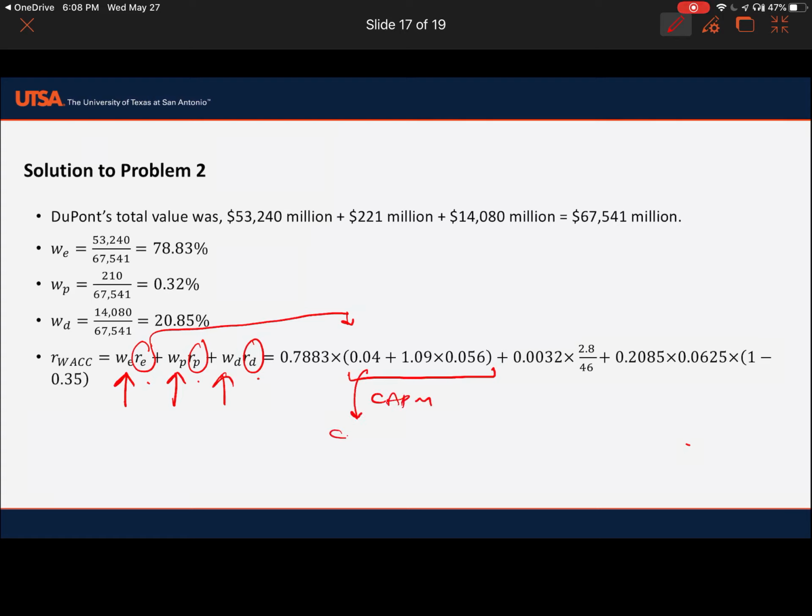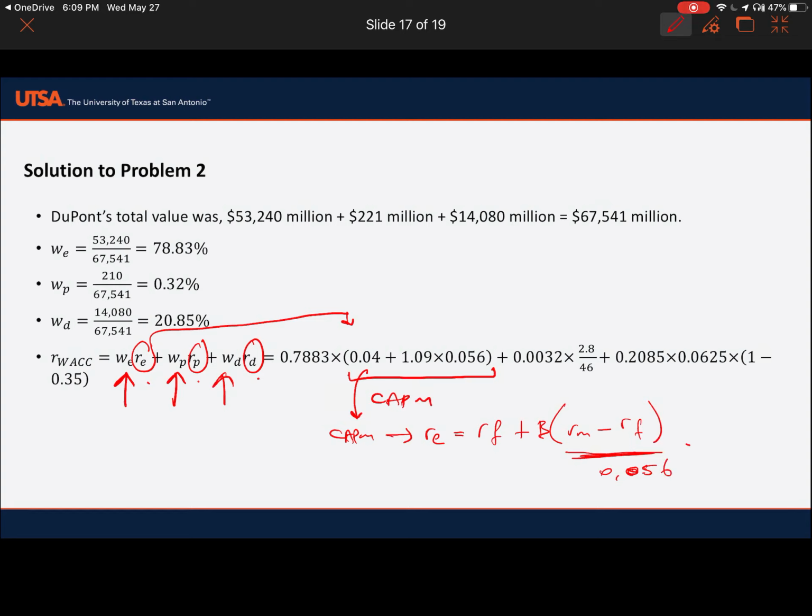CAPM gives us return on equity equals risk-free rate plus beta times the difference between market return and risk-free rate. It's already given, which is 5.6%, right?